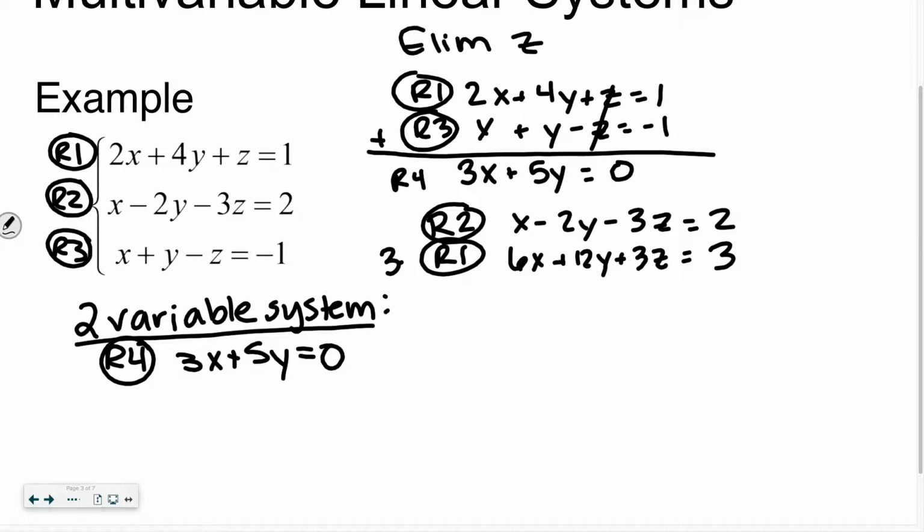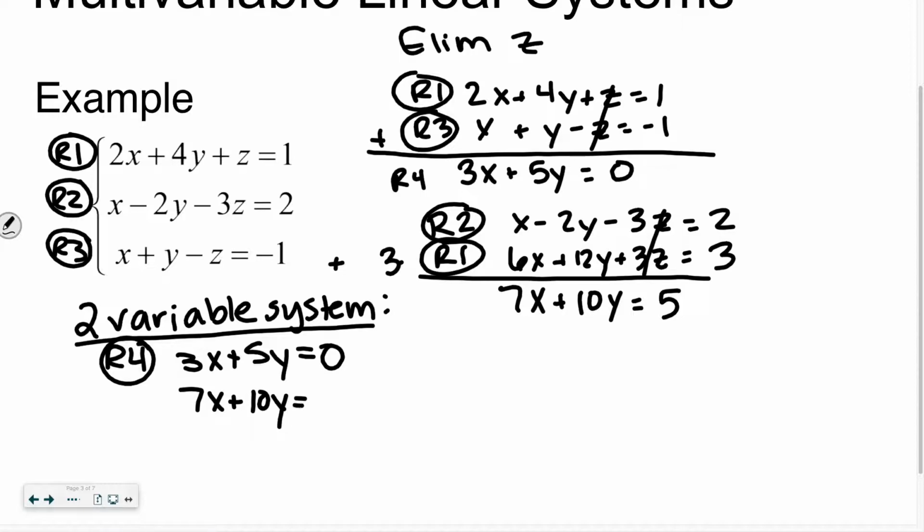Okay, so that when I stack and add these, I get 7x plus 10y, of course my z's canceled, equals 5. And that's my row 5.